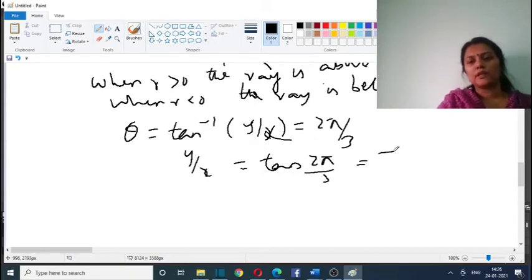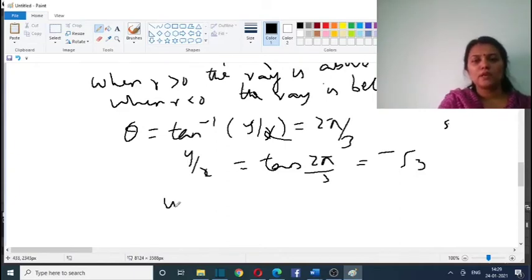Tan value is negative, and 2 pi by 3 is pi minus pi by 3; tan pi by 3 is tan 60, the value is root 3, and in the second quadrant it's negative, so it is minus root 3.